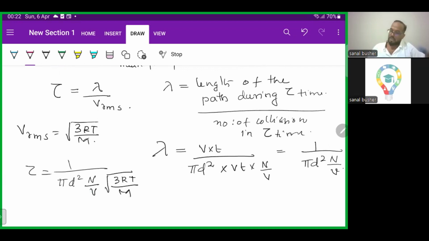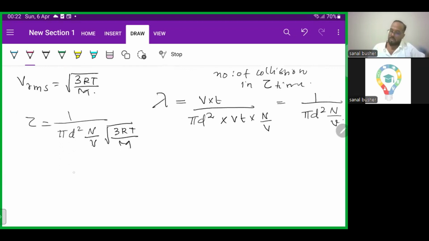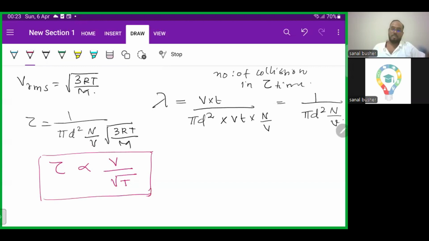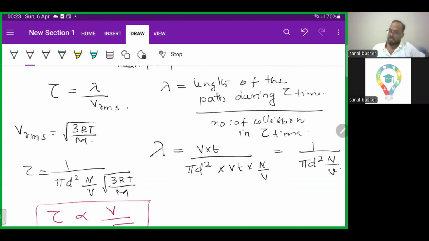From this equation, you can clearly see that tau is proportional to V and inversely proportional to root of T. So now you have the relation of tau with volume and temperature. Second, it is an adiabatic process.